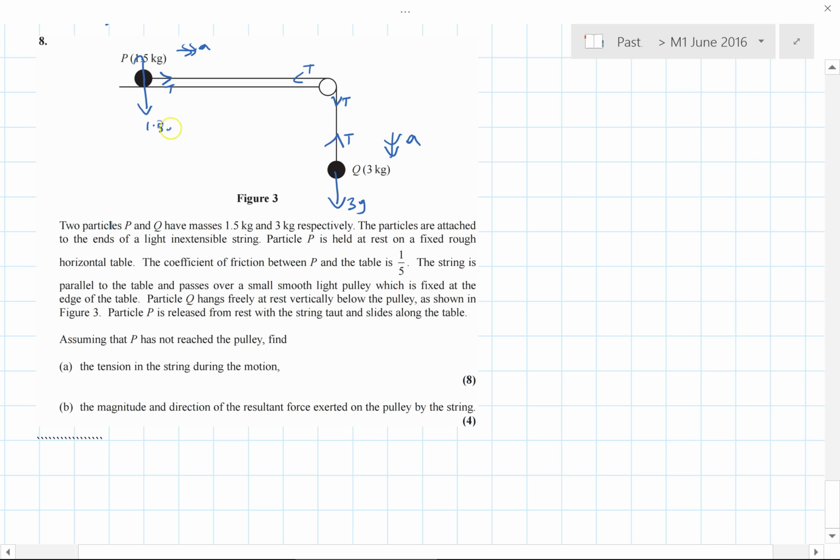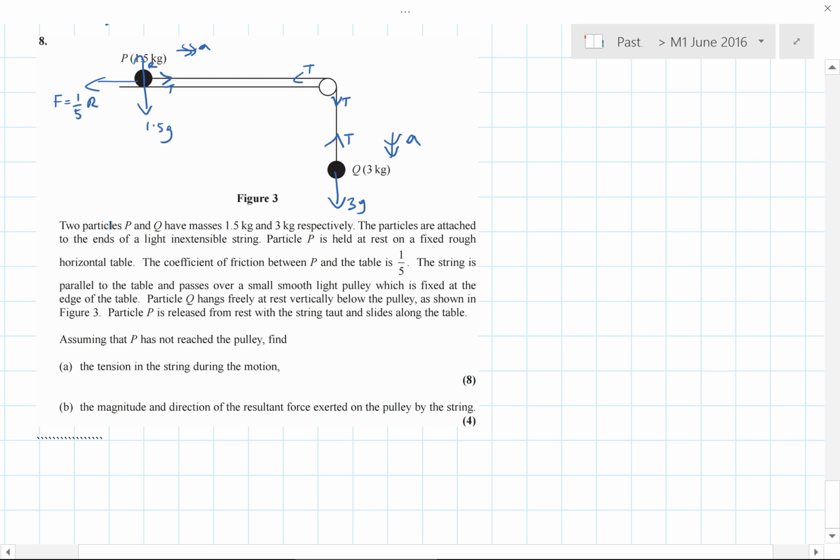This is 1.5g, weight 1.5g, and a reaction force which is obviously evenly balanced. And there's a frictional force. And we're told the coefficient of friction is 1/5. So we can easily say that the frictional force here is equal to 1/5 of R.